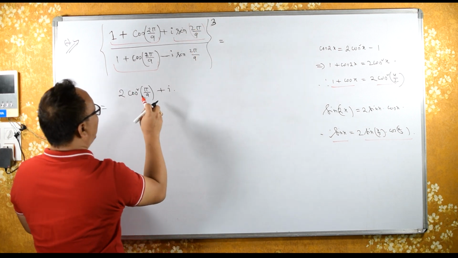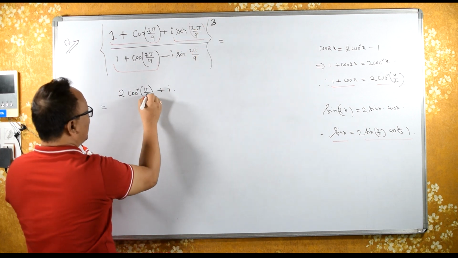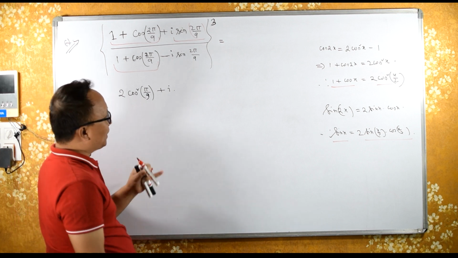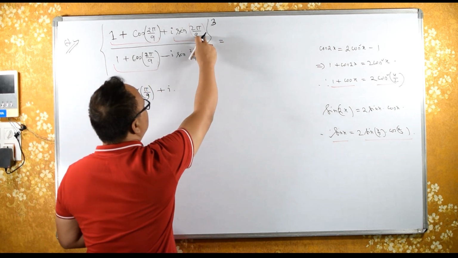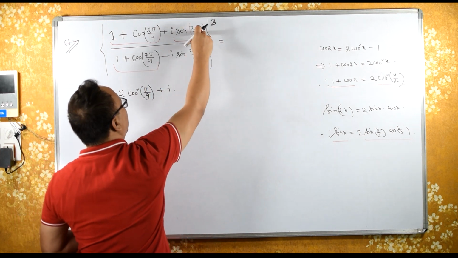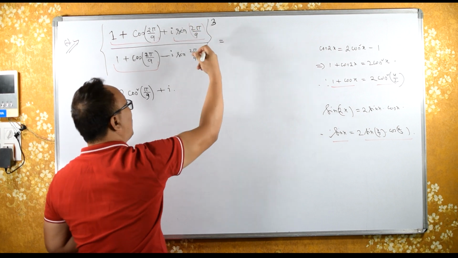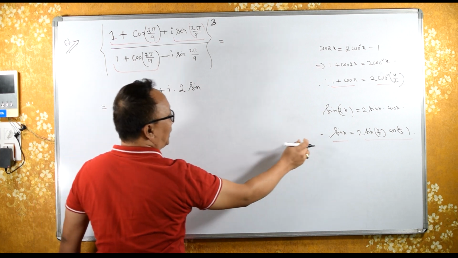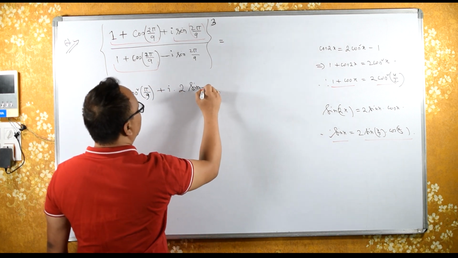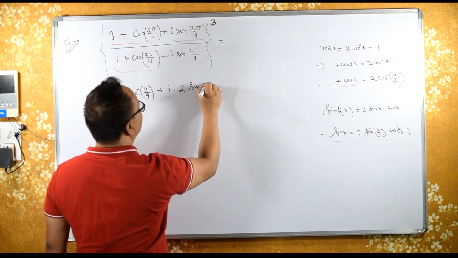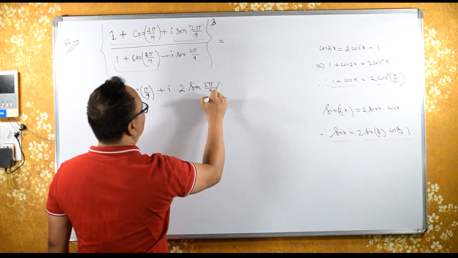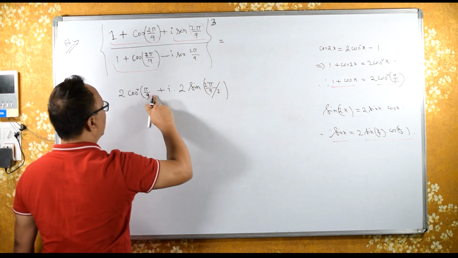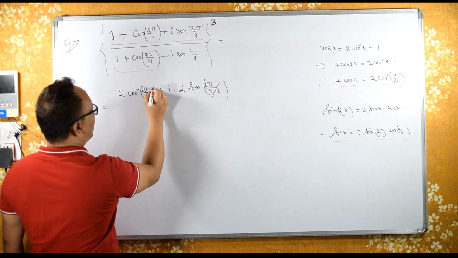Since we have 2 pi by 9 over here, we can break it as 2 pi by 9 upon 2, and applying this formula we get 2 sine 2 pi by 9 upon 2.